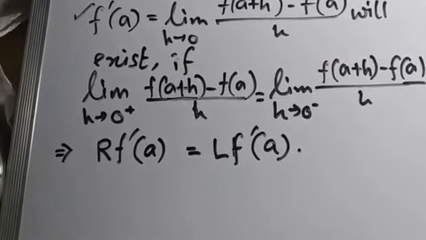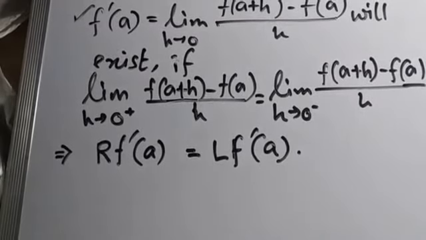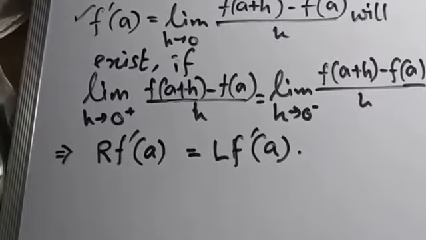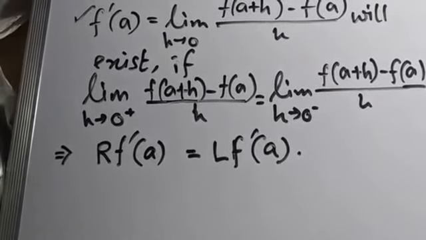So what do we mean by the right hand derivative and left hand derivative? The right hand derivative means the rate of change of the function with respect to the independent variable from the right side, and the left hand derivative is the rate of change from the left side.